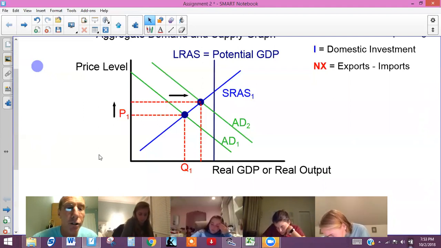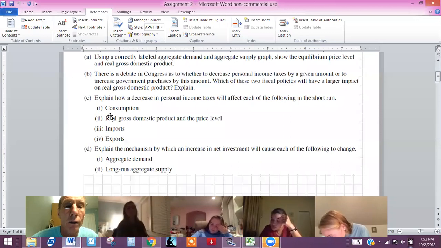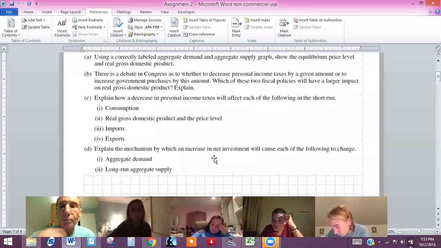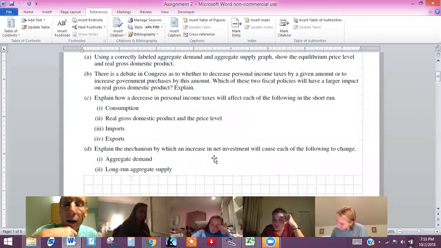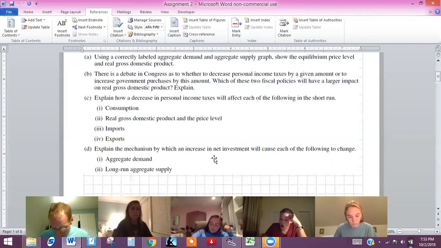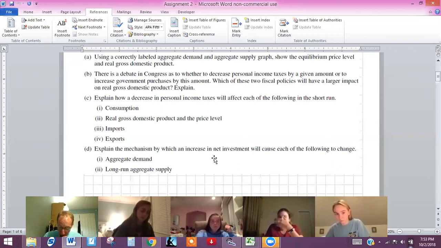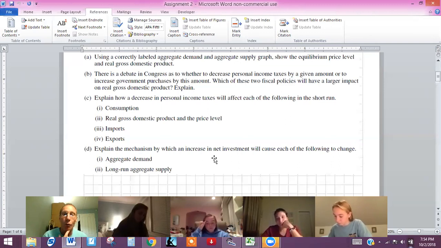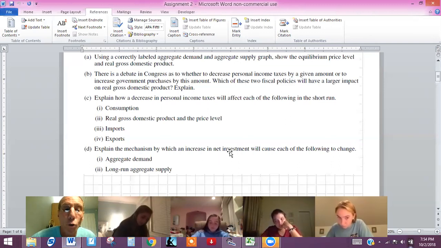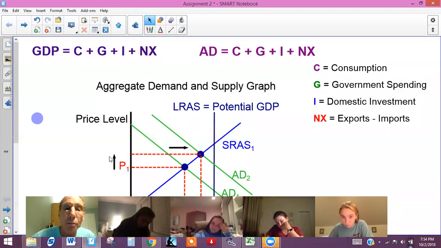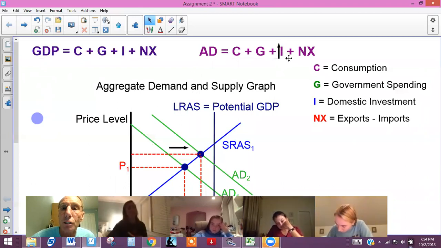And then what else do we have to answer here? The first one's kind of long. Okay, explain the mechanism by which an increase in net investment will cause each of the following. Now, if you think about this, it's very similar to the one you did for assignment 1, but obviously aggregate demand is going to shift out, because when you increase investment, remember, investment is part of this expression.